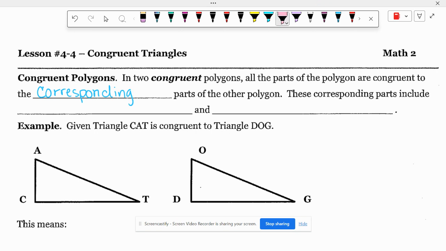These corresponding parts include angles and sides.